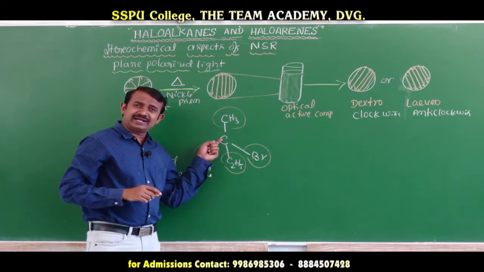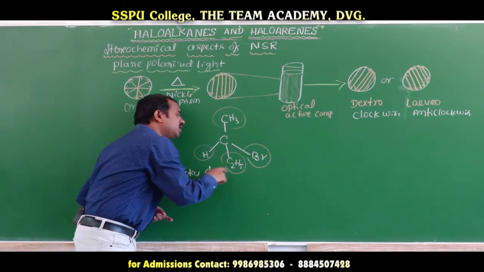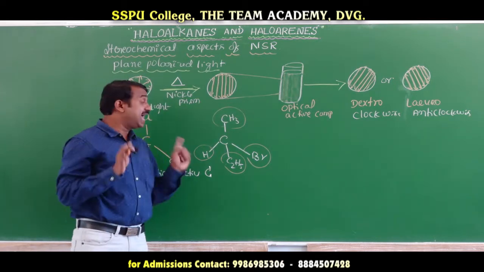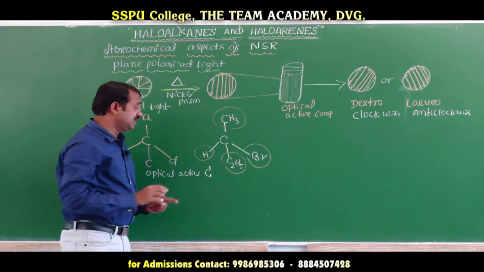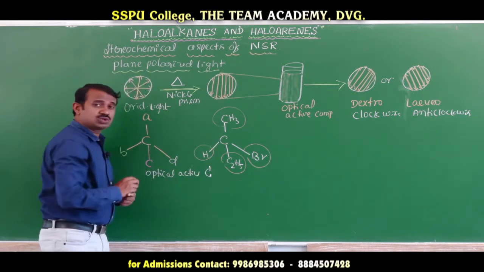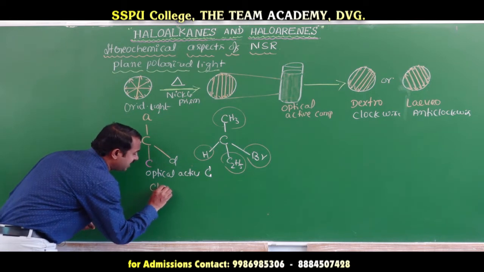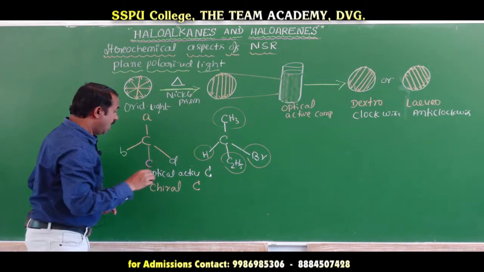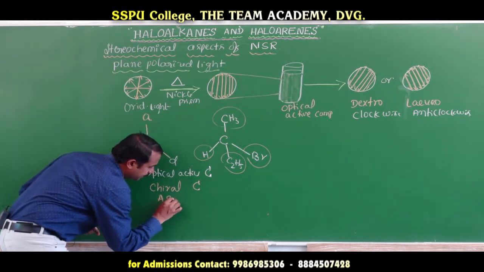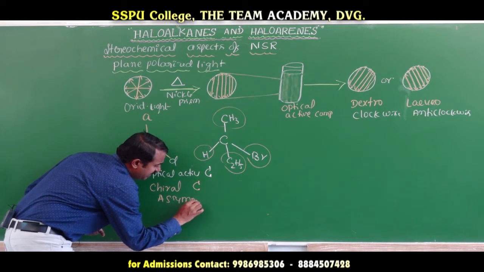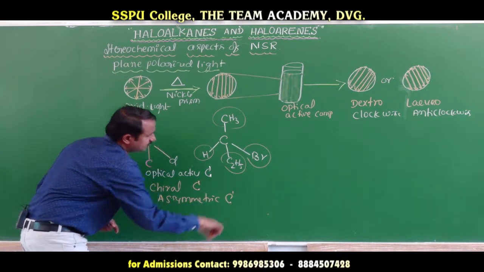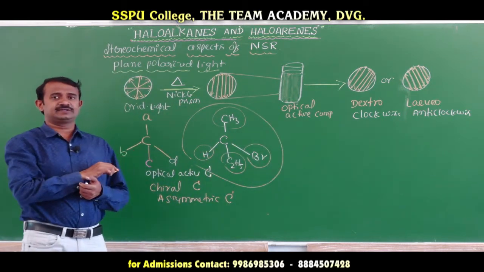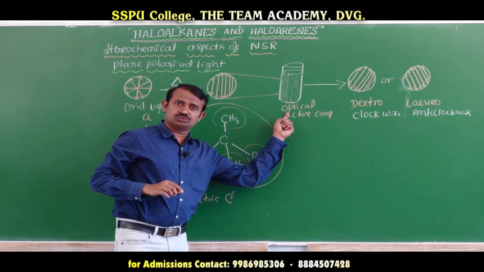The carbon atom which contains four different atoms or groups of atoms is called an optically active carbon, also called a chiral carbon or asymmetric carbon.